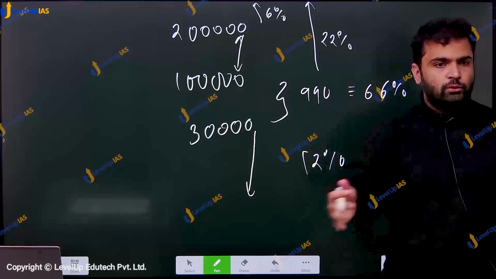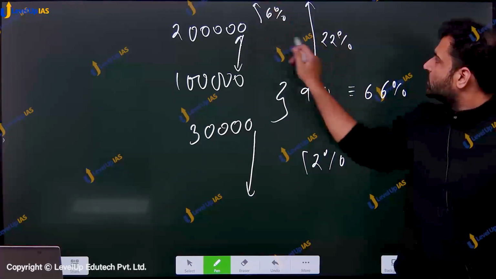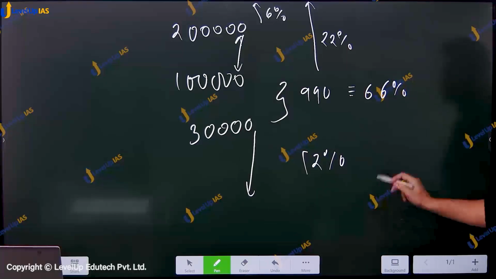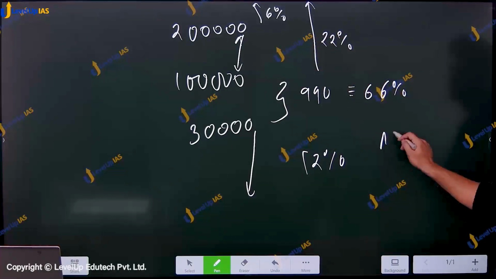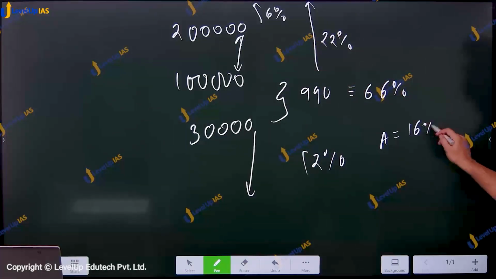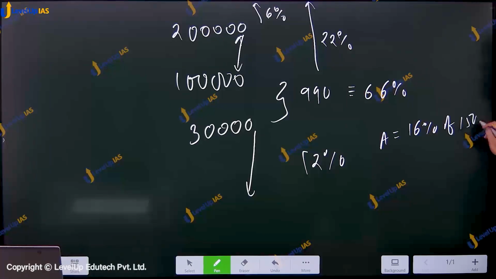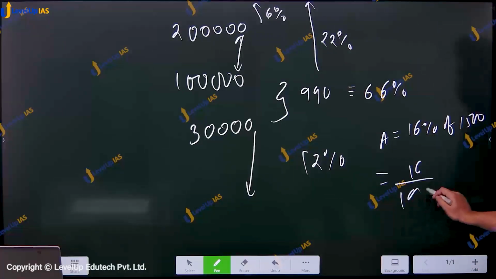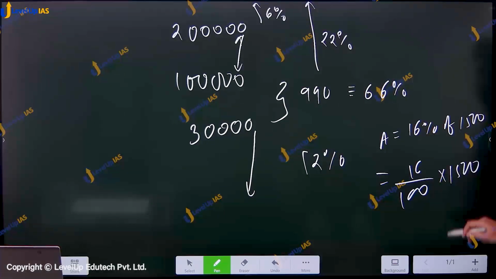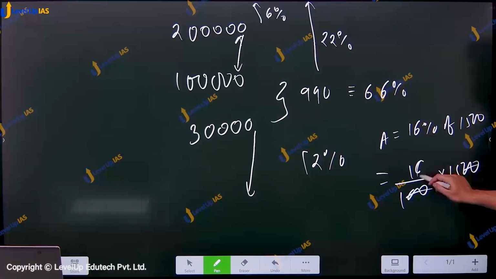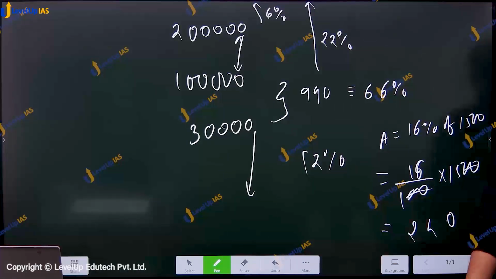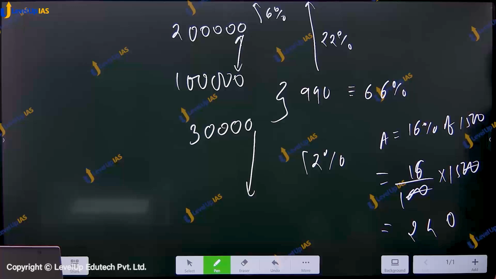So between 1 lakh to 2 lakh are 22 minus 6. इनमें से ये जो छूट के बचे हुए होंगे वो इस रेंज में होंगे. तो the answer would be 16% of 1500, which is equal to 16 by 100 into 1500, 16 into 15, which is 240 आ रहा है. कैलकुलेशन एरर.